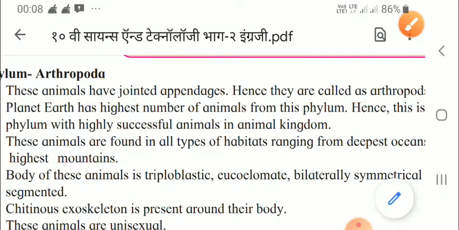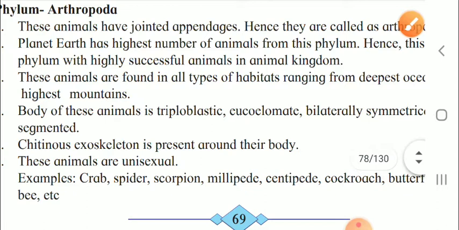Now, let us see that chitinous, or we can call, they are having one exoskeleton that is made up of chitinous, that is a tough, semi-transparent nitrogenous substance that is the main component of the exoskeleton of arthropods.